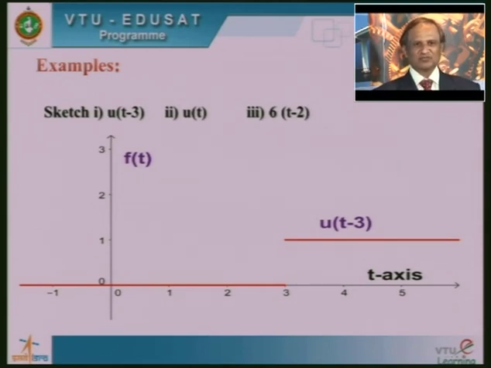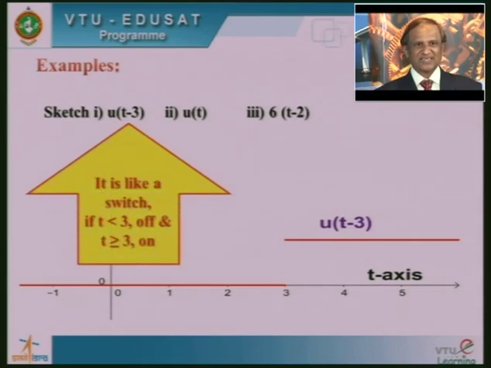I hope you are observing that the unit step function is shifted, which I have written in violet color, u of t minus 3. It is shifted from 0 to 3. It means up to 3 it is 0, and from 3 onwards it is 1. It is maintaining a height of 1 unit.